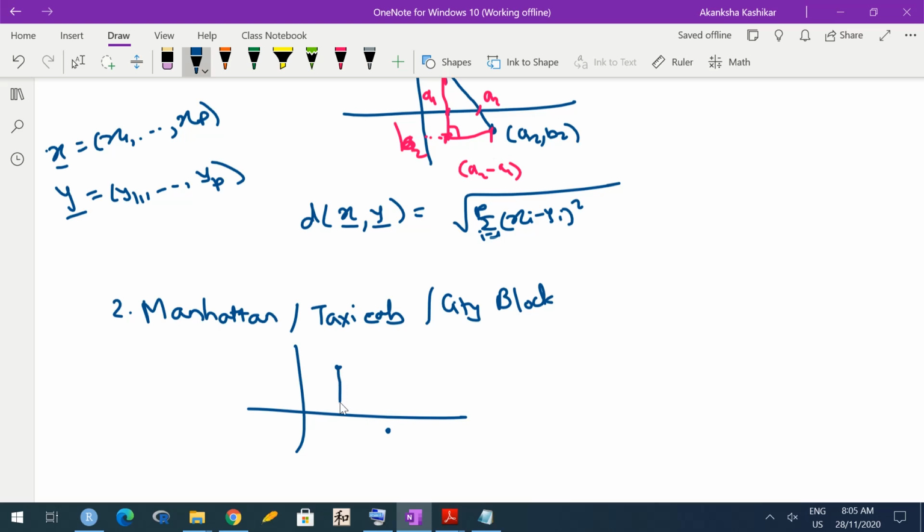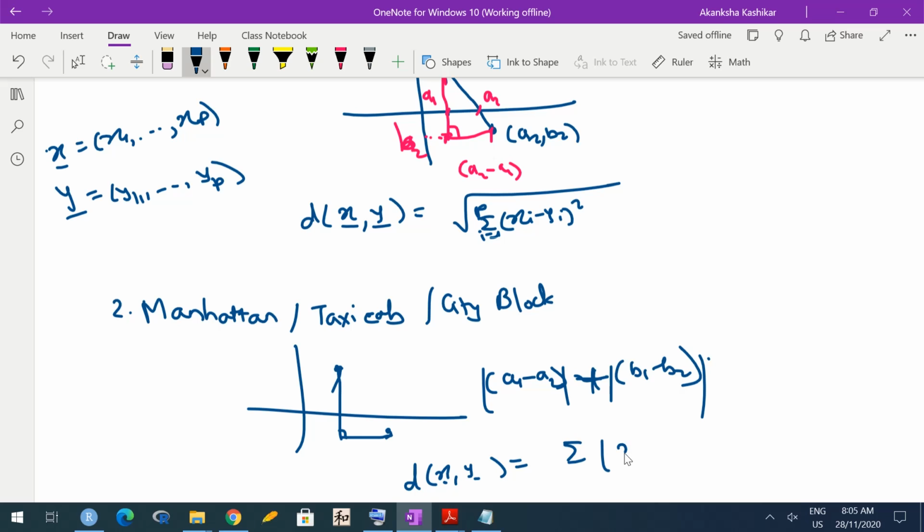But what if I am not allowed to travel directly and I am allowed to travel only in straight lines? Okay. So the distance from this point to this point becomes this. So it would be actually a1 minus a2 plus b1 minus b2 in the earlier notations. Okay, mod of course. So in general, distance between x, y is summation of mod of xi minus yi for Manhattan distance or city block distance.